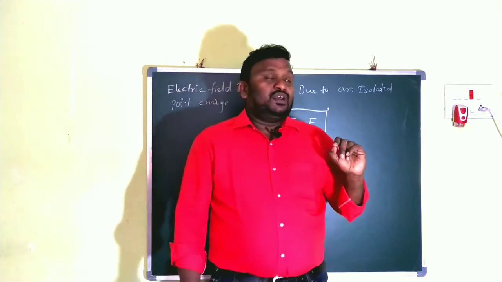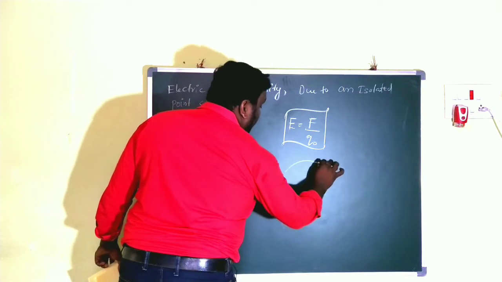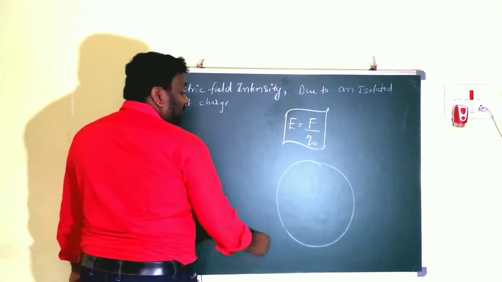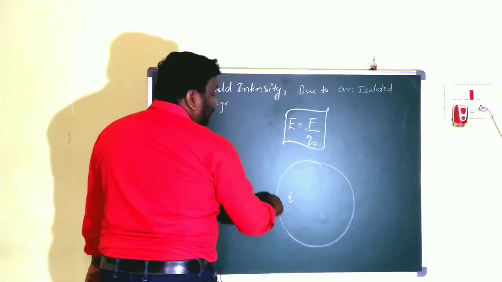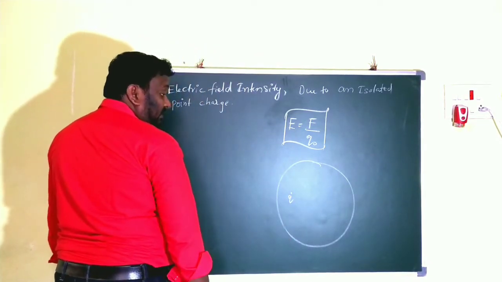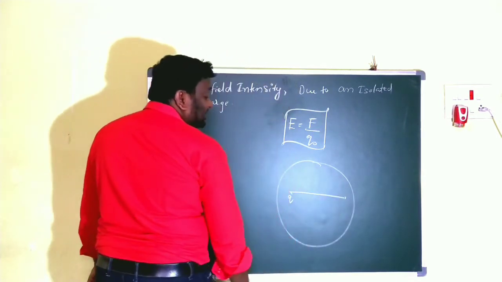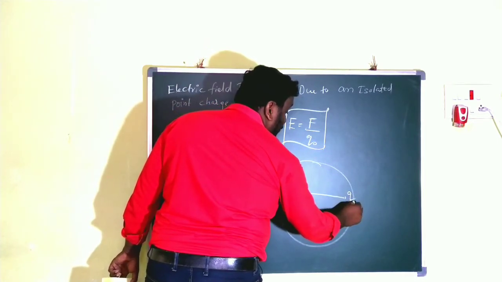Just see here, now we take the same example. This is the space around the charge, and I am saying this is Q. At this point we have a positive charge Q. At a particular distance we are keeping Q naught.